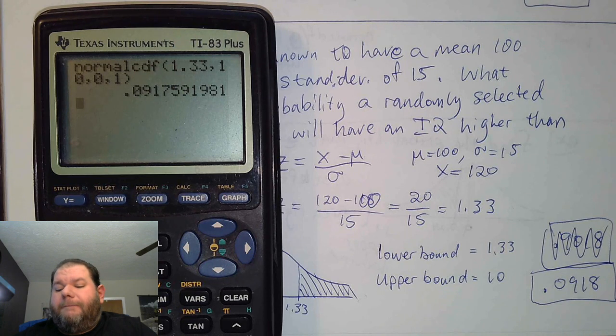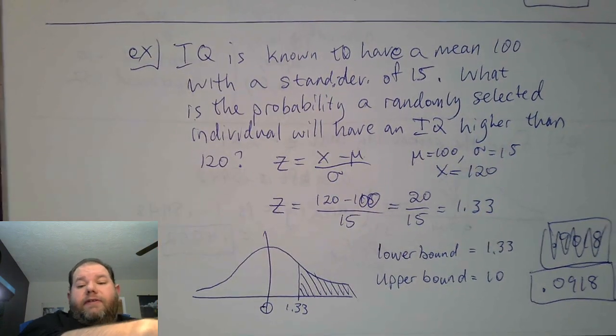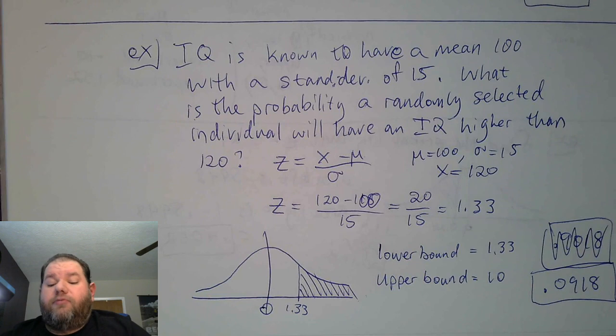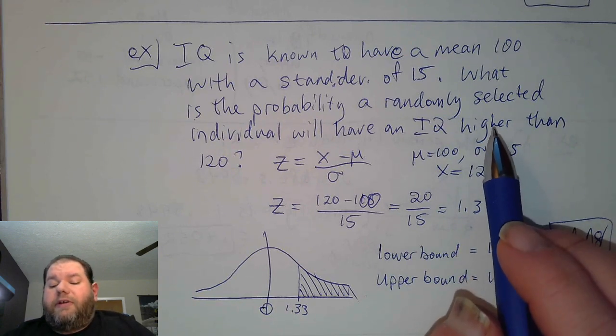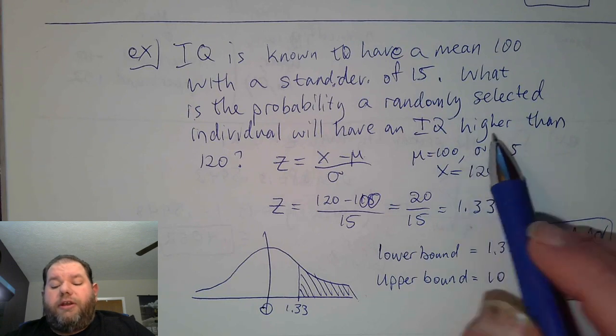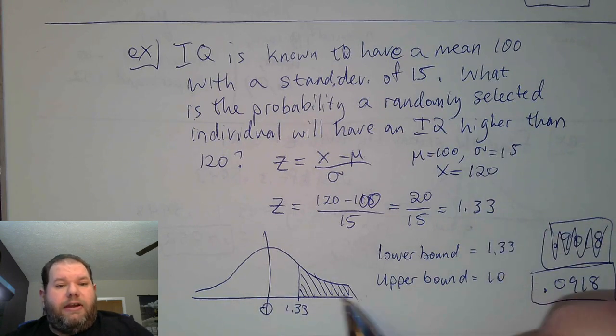So that's an example of an application where we can utilize these standard normal distributions, and using our z-score we can calculate z and then use that to either look it up on the table or use our calculator like we did here. And again, depending on whether it says higher than, lower than, or between, that tells us which scenario we're graphing.